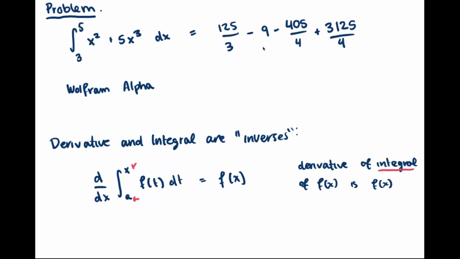And then the second one said that the integral from a to x, and I'm going to write it a little differently than the first time, of f prime of t dt is equal to f(x) minus f(a).